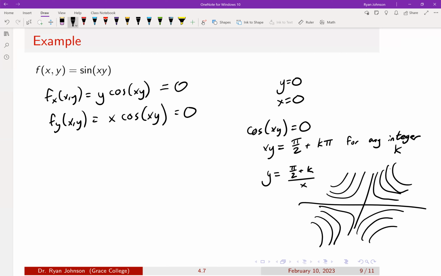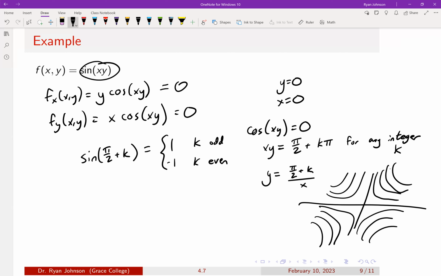So when is sine of xy equal to 1? Well, at these points when y equals pi over 2 plus k. If y equals that, then you're getting sine of pi over 2 plus k, which is going to be 1 when k is odd, and -1 when k is even.